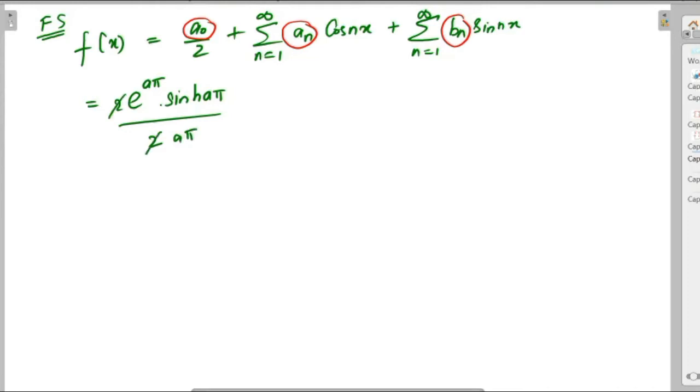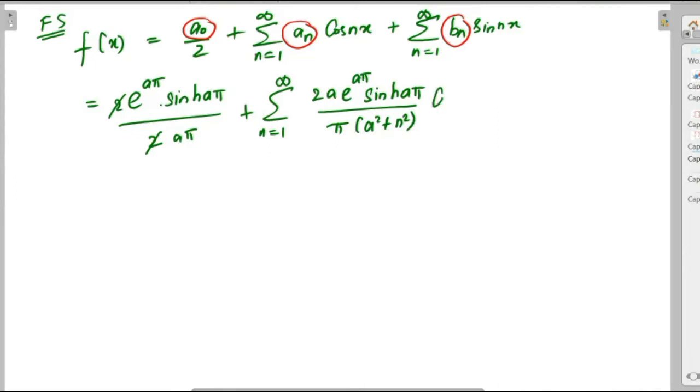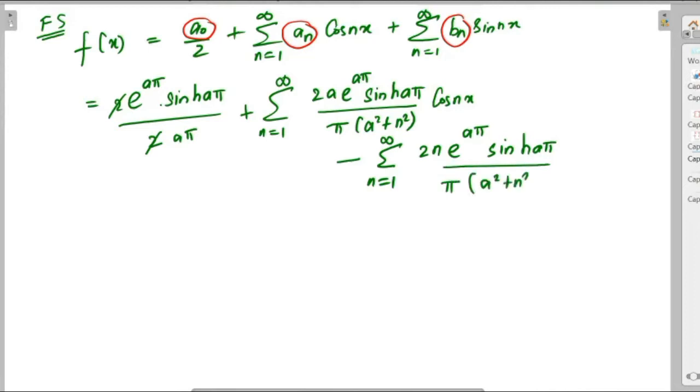You can cancel these two terms, plus summation n is equal to 1 to infinity 2a e power a pi sinh a pi divided by pi a square plus n square cos nx, minus summation n is equal to 1 to infinity 2n e power a pi sinh a pi divided by pi a square plus n square sin nx. So this is the final answer.